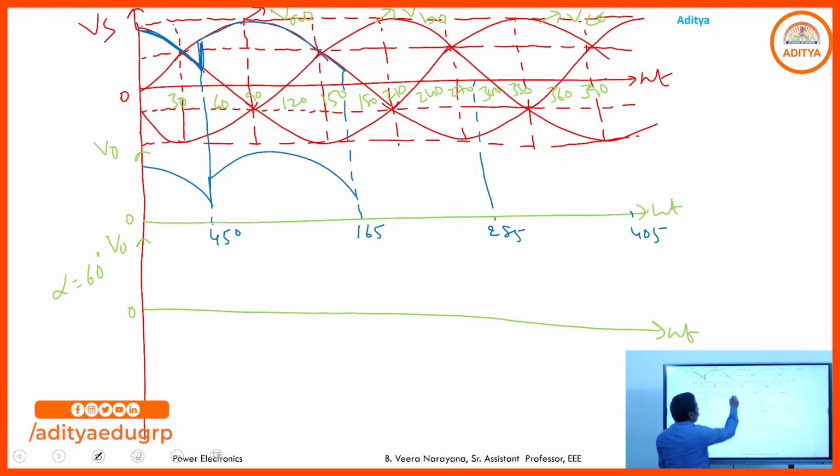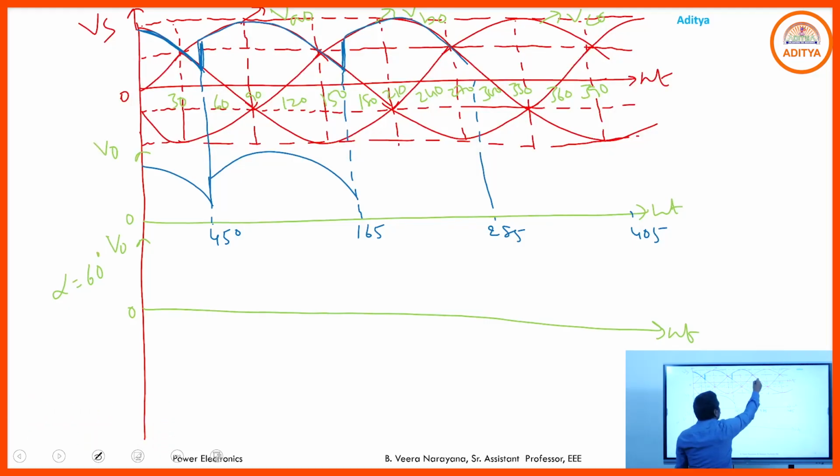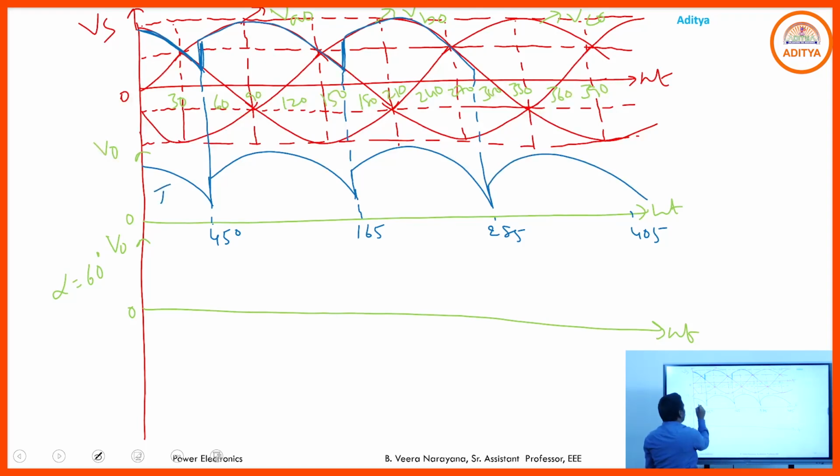And from 165 to 285, T2 is in the on state. If T2 is in the on state, you simply follow Vb naught. So the output voltage is like this. After this, again Vc naught, so here T3 will be in the on state. Here it is T1, and this is T2.